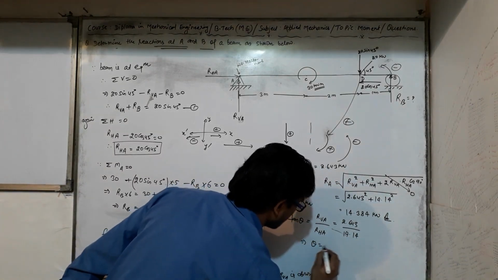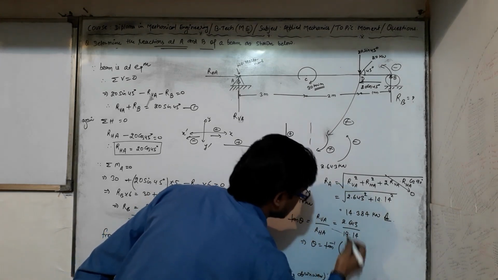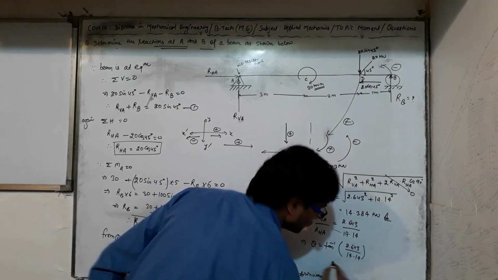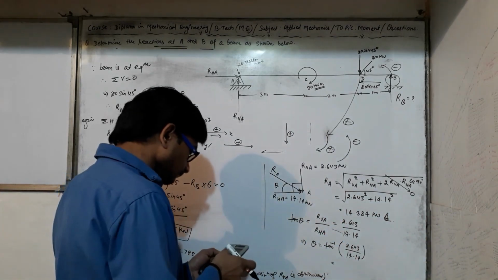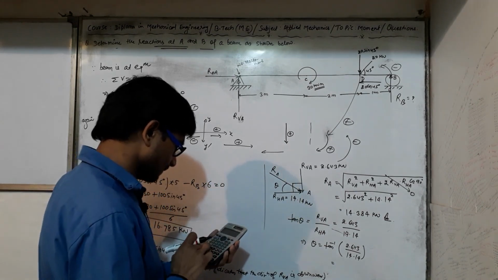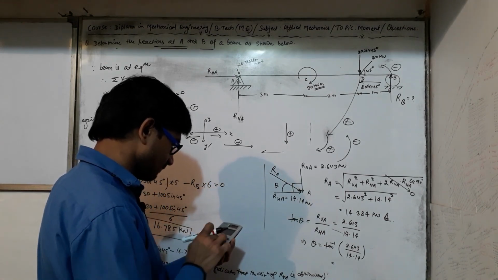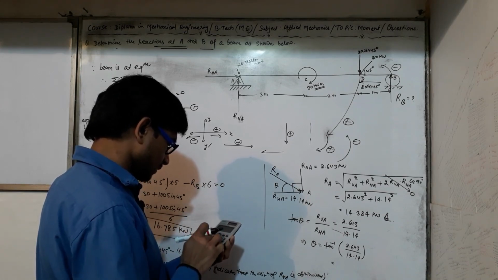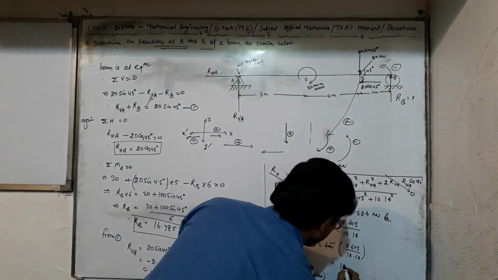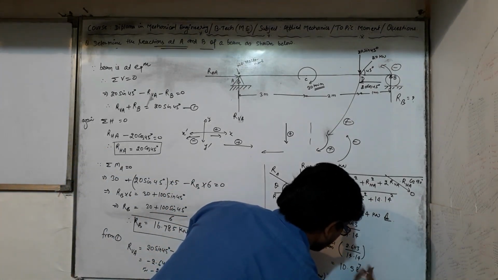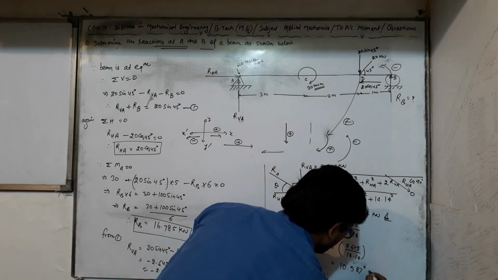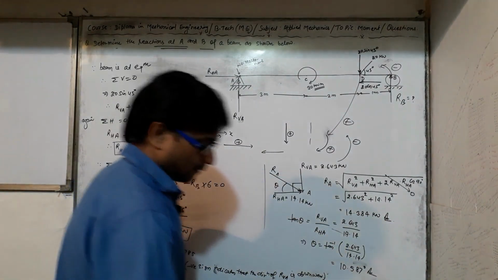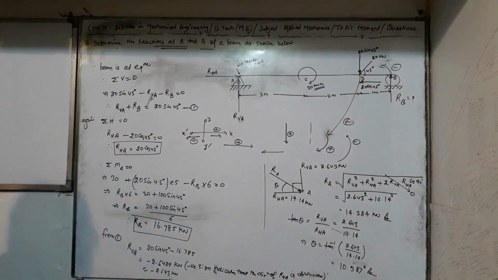So theta is tan inverse of 2.643 upon 14.14. In degrees, that is 10.587 degrees. I think the solution is very much clear.